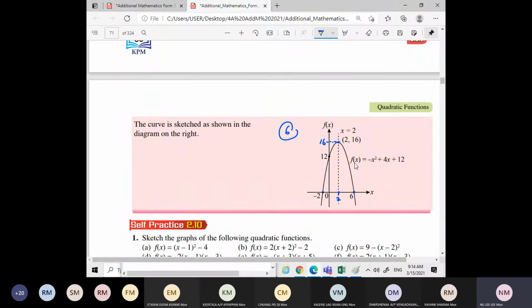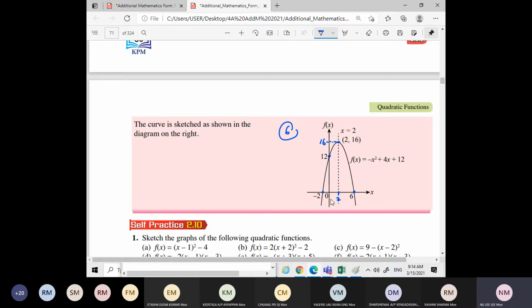Step 3 is the vertex. Step 4 is the x-intercept, 6 and negative 2. Here is the 6 and here is negative 2. Step 5 is the y-intercept, at 12. Here is at 12.